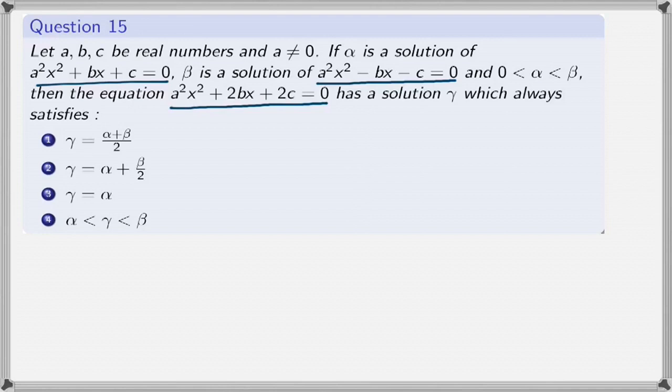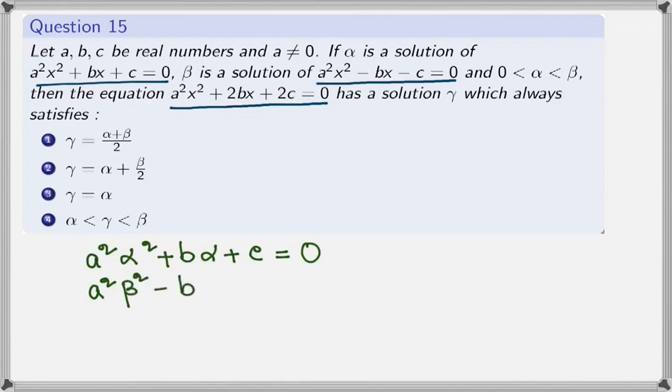Since alpha is a solution of the first quadratic equation, we have a square alpha square plus b alpha plus c is equal to 0, and since beta is a solution of the second quadratic equation, we have a square beta square minus b beta minus c is equal to 0.